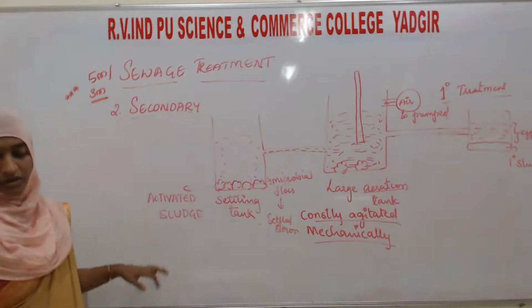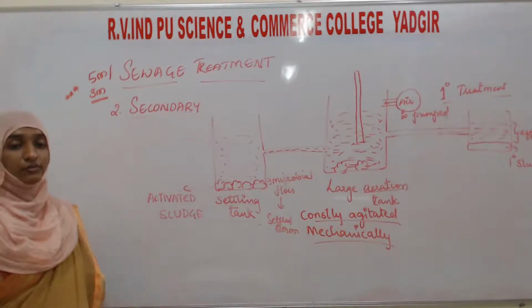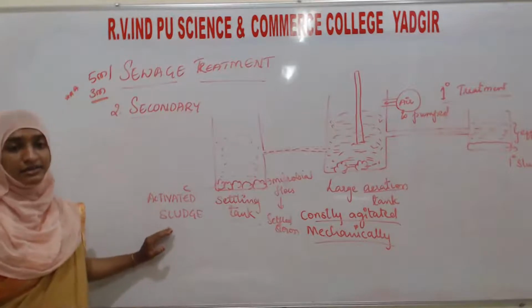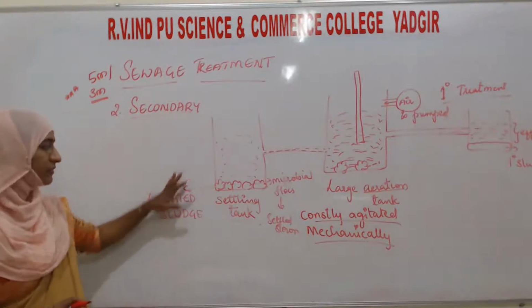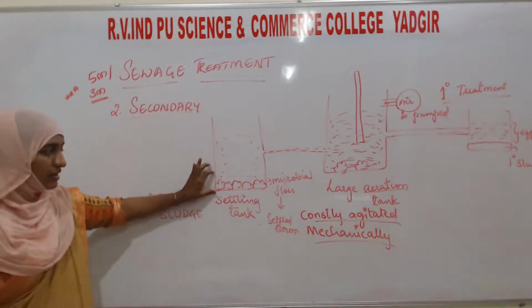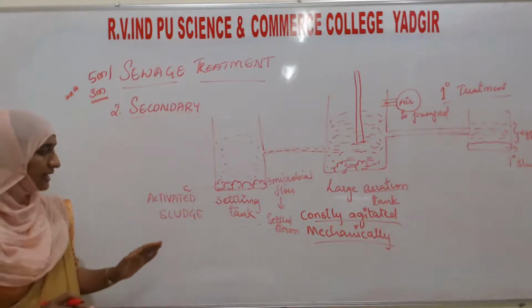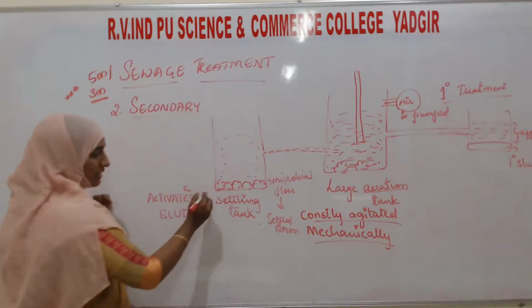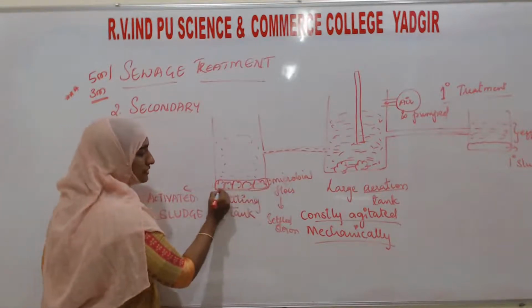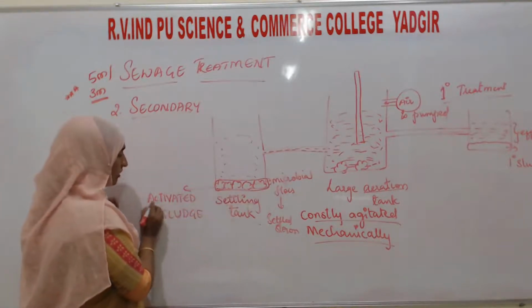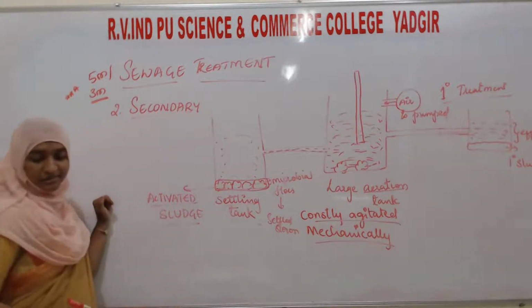Next comes the activated sludge. See here, the microbial floc which settles at the bottom of the settling tank, that particular matter, we can call the activated sludge.